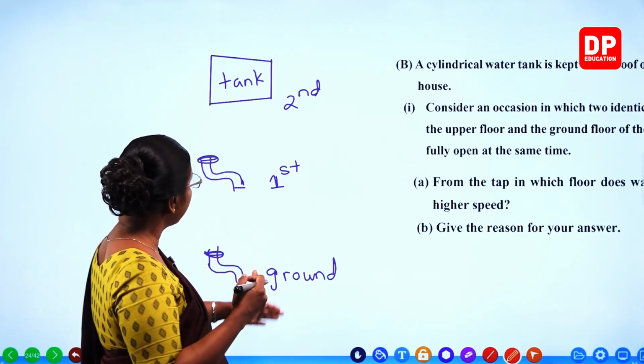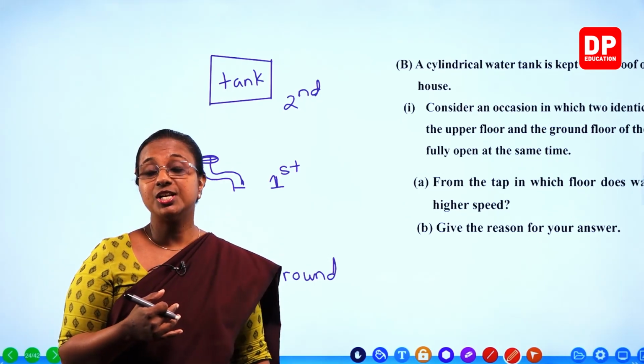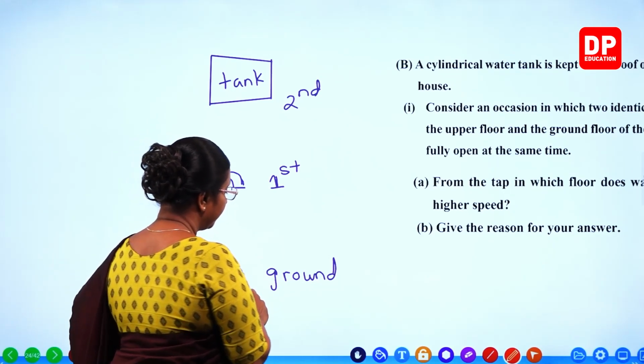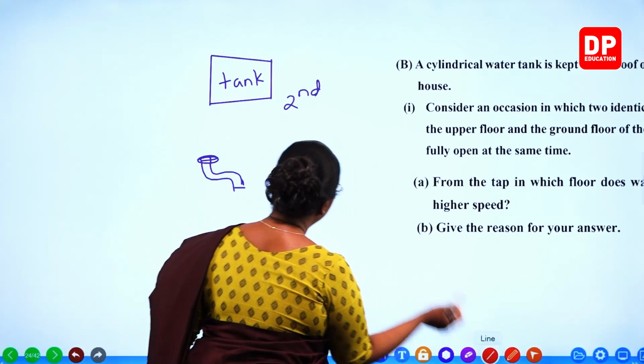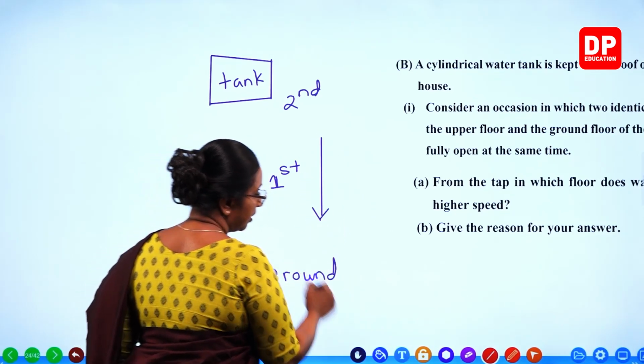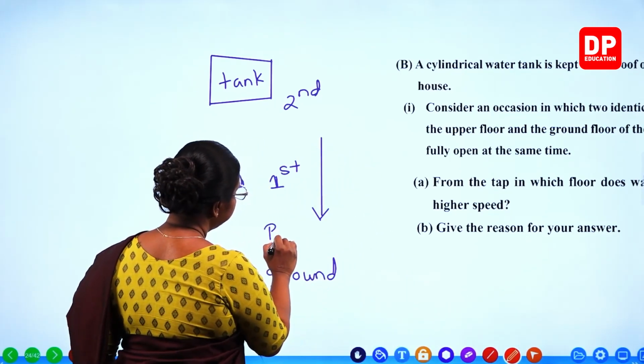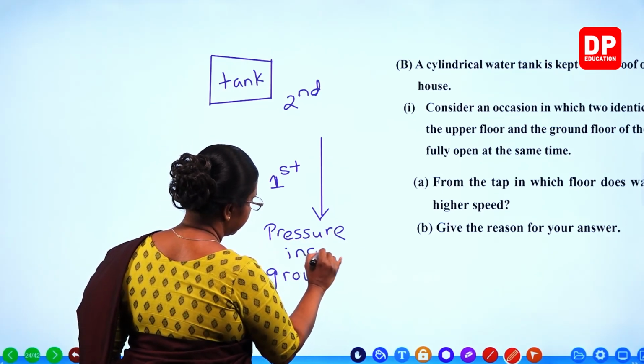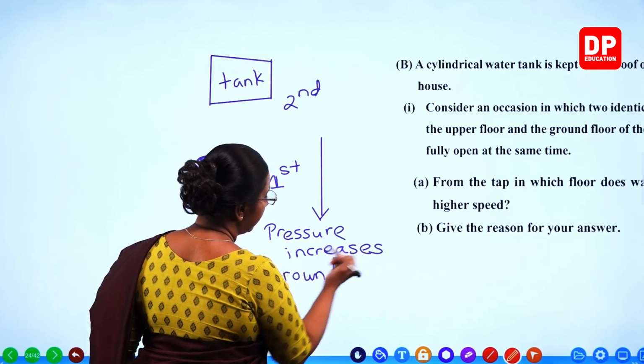Another thing, when the height increases, the potential energy increases. Is that clear? So here you have to remember, as you come down, pressure increases because of the height.